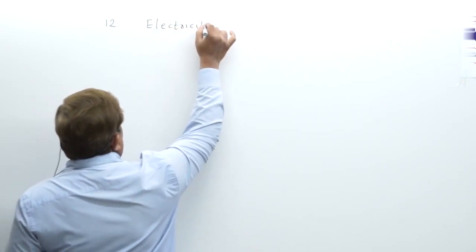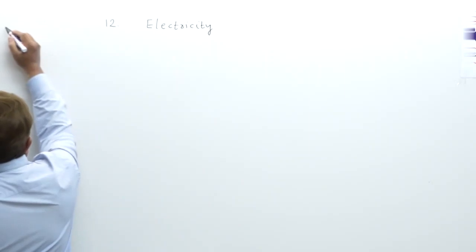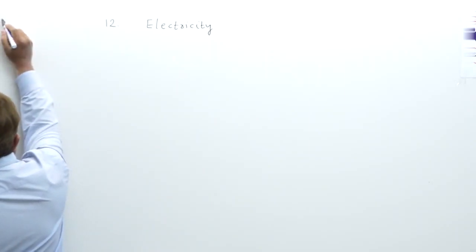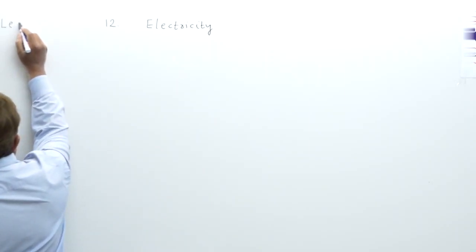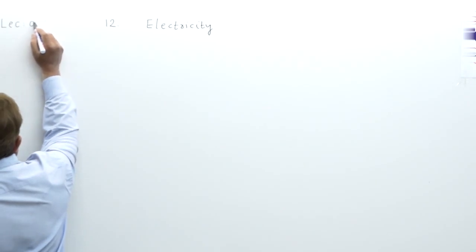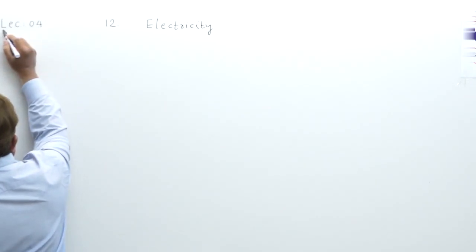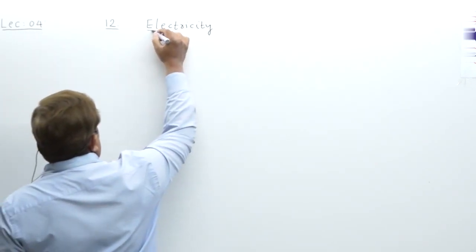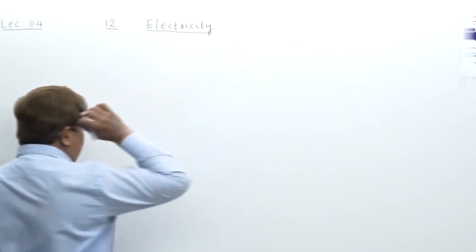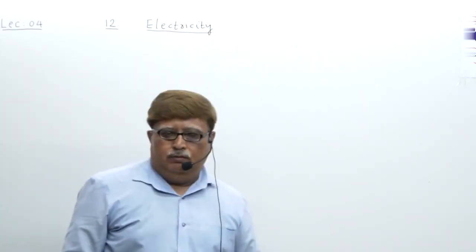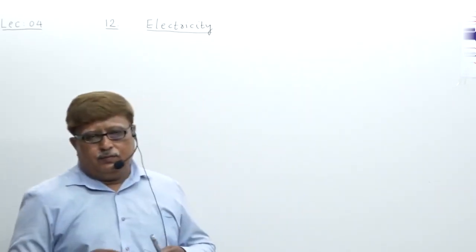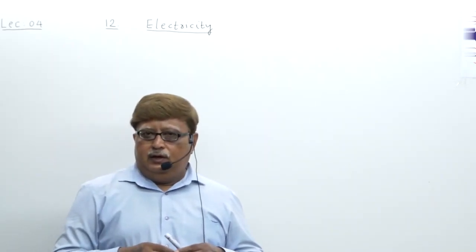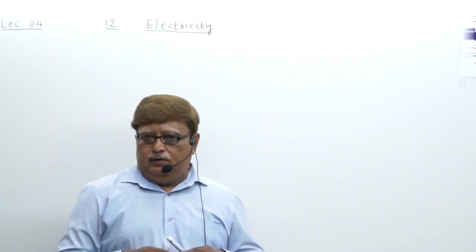And in this you are attending today lecture number 4, and in lecture number 4 today we are going to understand Ohm's experiment to establish relation between V, I and R. Understood?